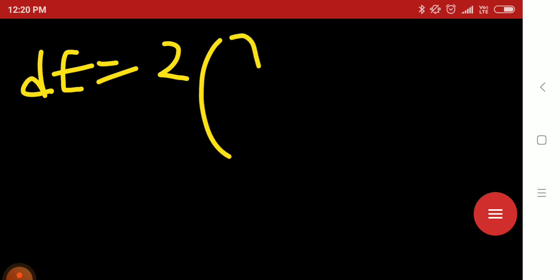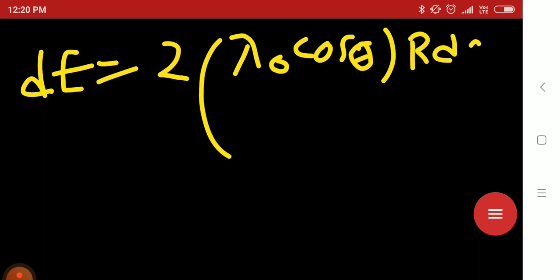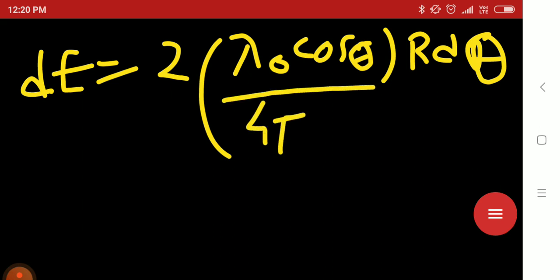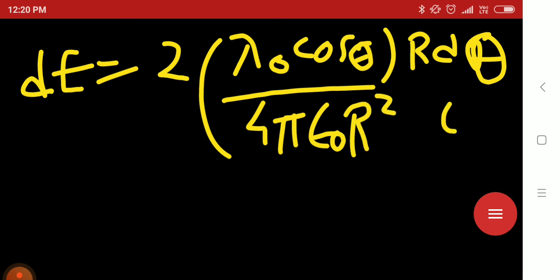Again we are writing explicitly: dE equals 2 into lambda 0 cos theta into r d theta, over 4 pi epsilon naught r square, into cos theta.